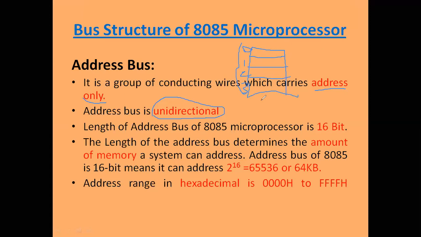So we have addresses for input devices, addresses for output devices, and addresses of all memory locations. All these addresses are with the 8085 microprocessor. The microprocessor sends the address where we need to transfer data.